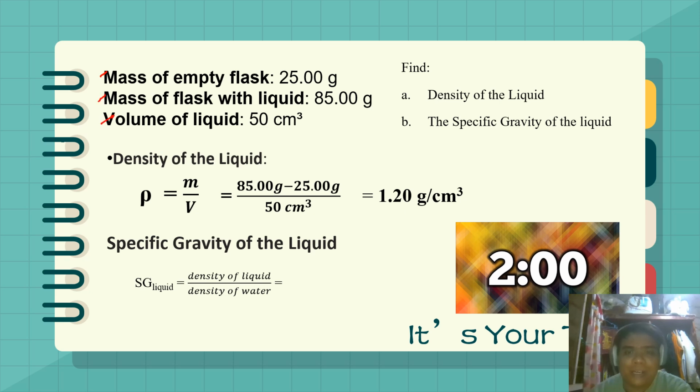So that is 1.20 grams per cubic centimeter. This is now the density of the liquid. So moreover, 1.20 over 1 gram. As we said, this will cancel out, so your answer there is just 1.20.